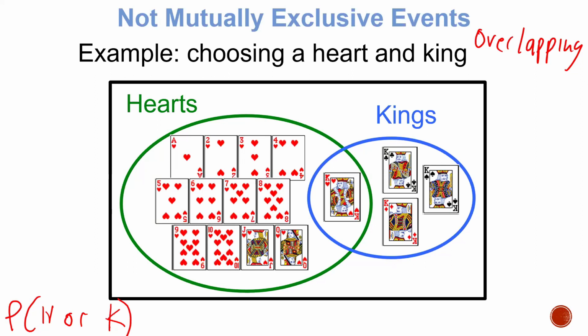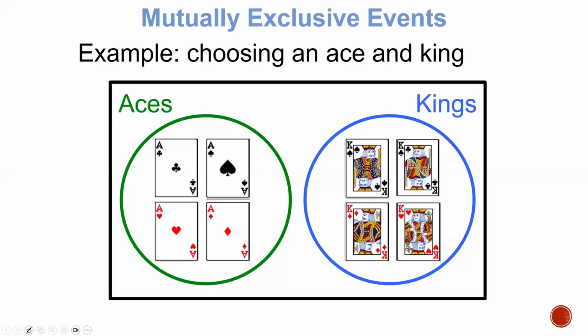Let's see here. How many cards are here? 1, 2, 3, 4, 5, 6, 7, 8, 9, 10, 11, 12, 13, 14, 15, 16, right? So there are 16 favorable outcomes out of 52. I could reduce that, but I'm not going to for the sake of this demonstration because it is not helpful.